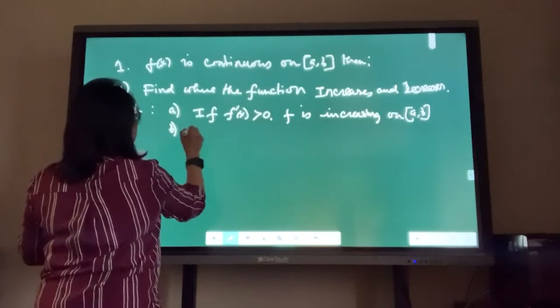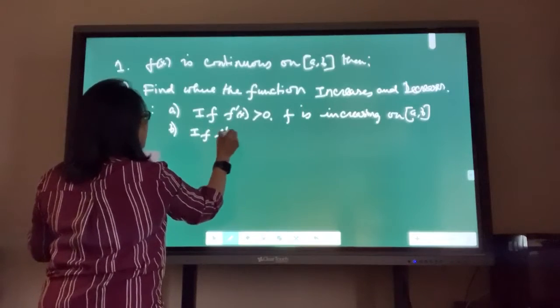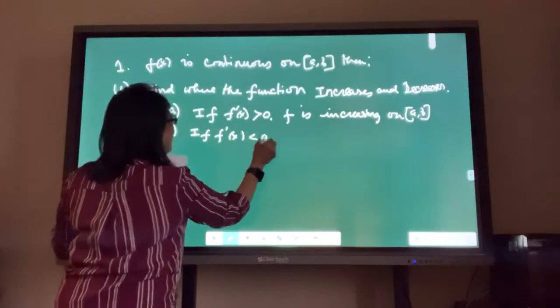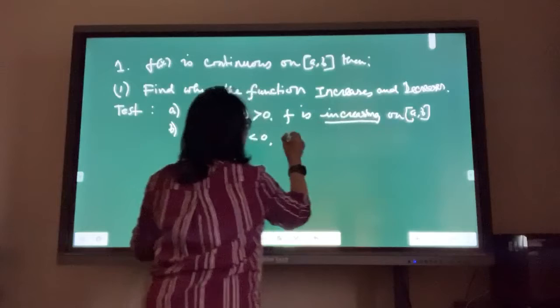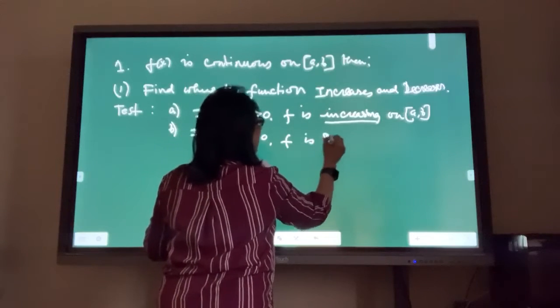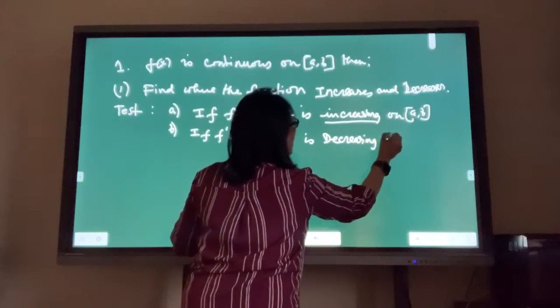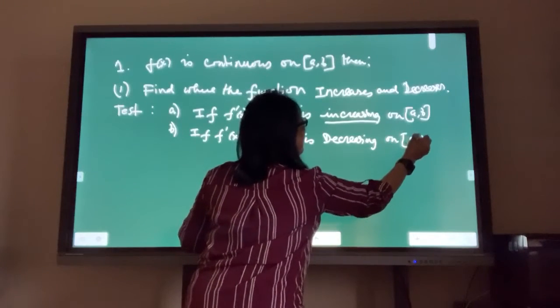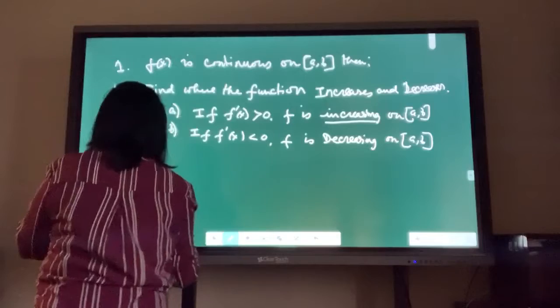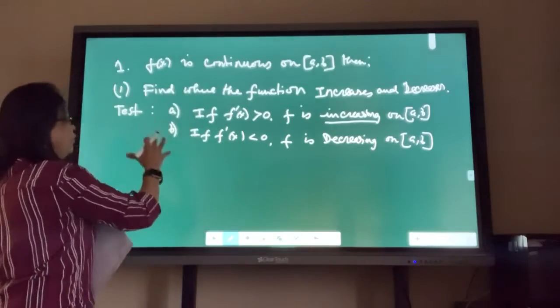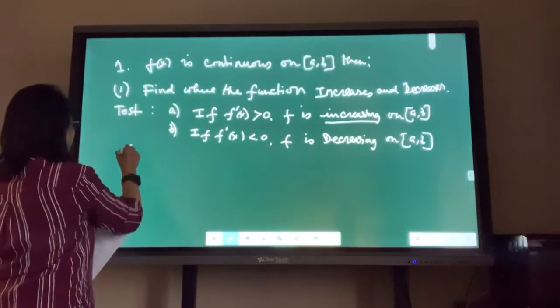Part 2, if f prime of x is less than 0, then the function is decreasing on a comma b. Okay, so with these two, let's go do an example problem.